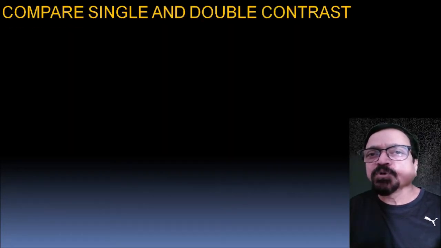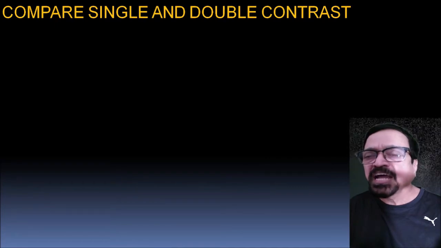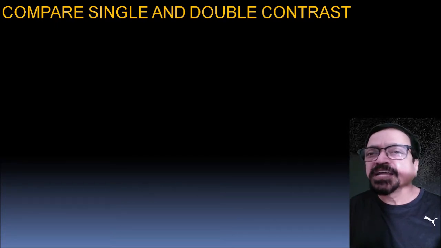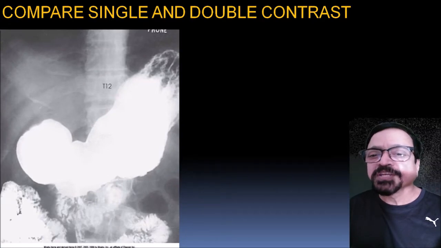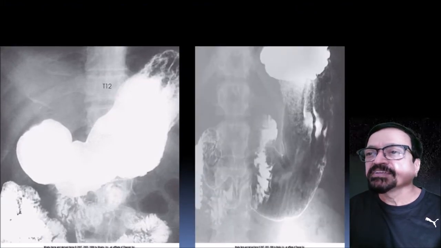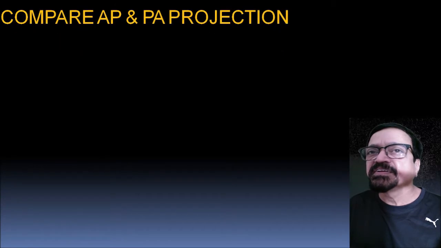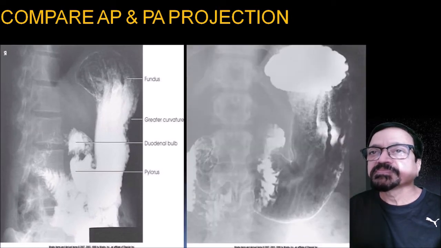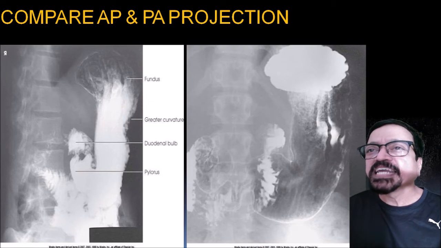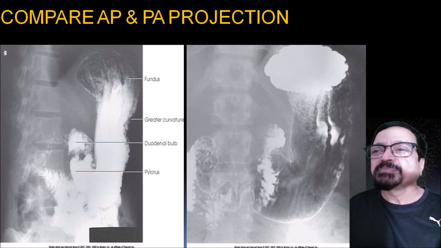The stomach is to be filmed in supine, prone, and standing positions. For the duodenal bulb, the best positions are standing with obliquity. Now this is what we are seeing, a standard filming protocol.